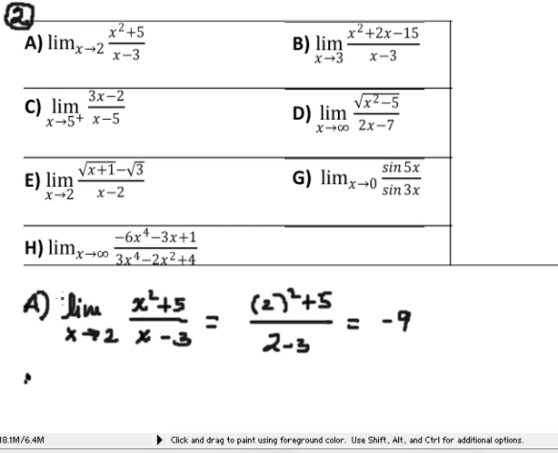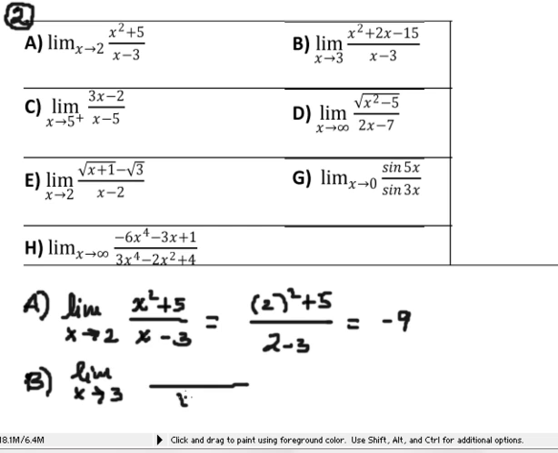We have a different situation in part B, because in part B the denominator is equal to 0 at the value we're approaching. x is approaching 3.